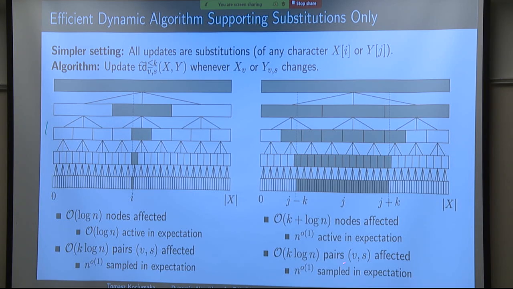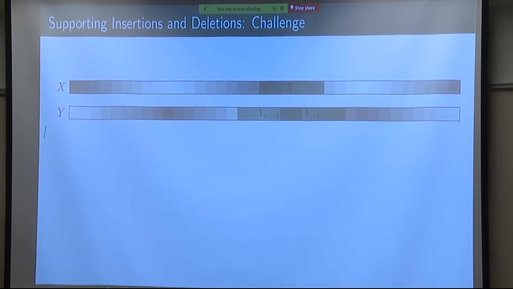And for shifts, we can again use this shift sparsification. So we can traverse all the active nodes in this affected part of the tree, and for each of them, recompute the values for the sampled shifts among those which were affected. That's enough for substitutions. For indels, we have the very same issue we had for the exact algorithm.